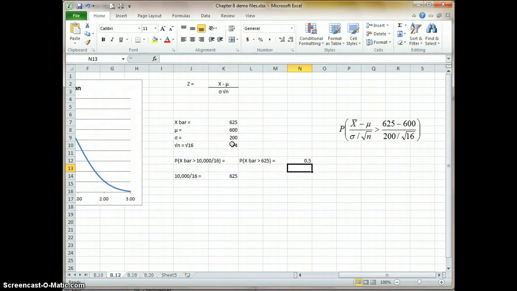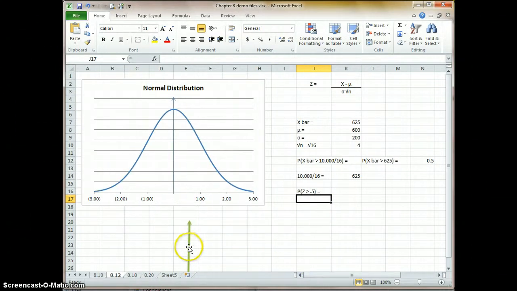So, if we were going to look at the probability of z being greater than 0.5, now we can go figure that out. So I'm going to scroll back here again and put the 0.5 right up here.